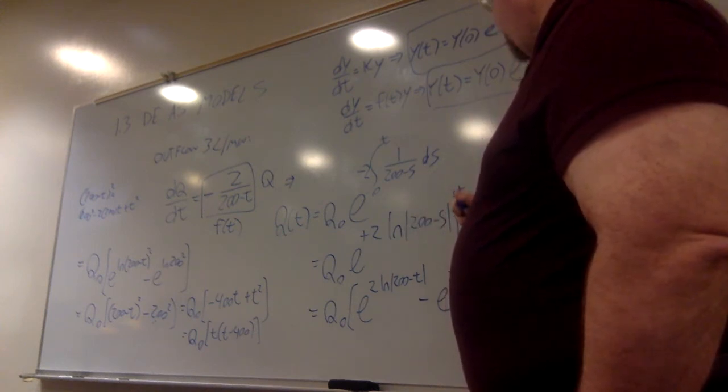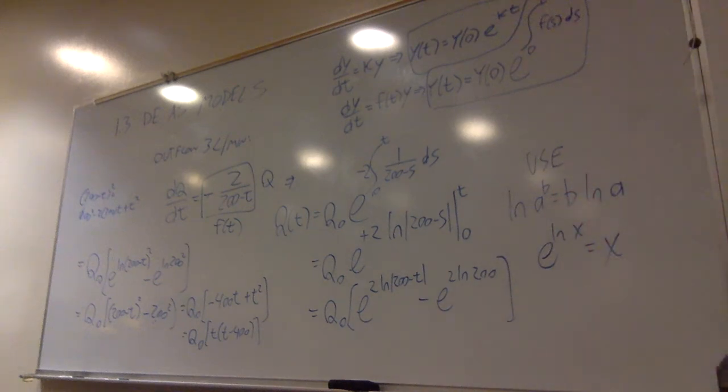So 800, that would be 1 over 200 minus s times minus 1.